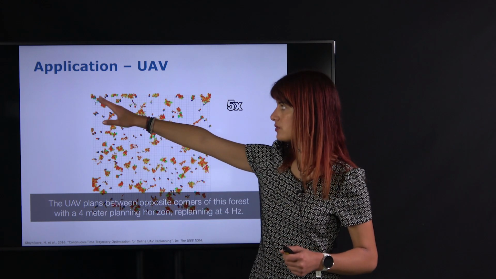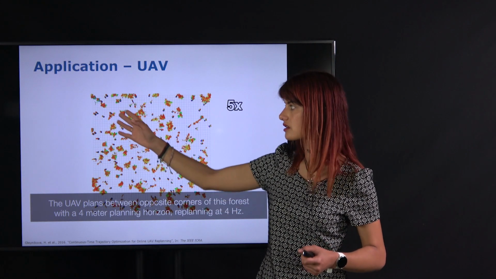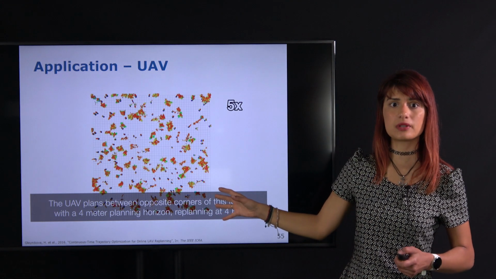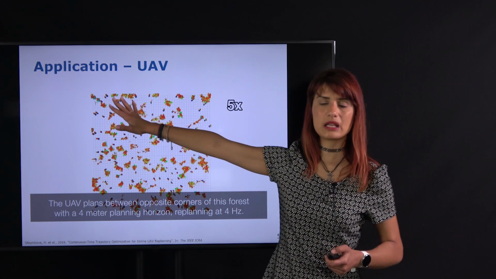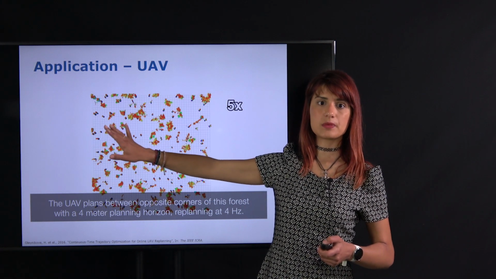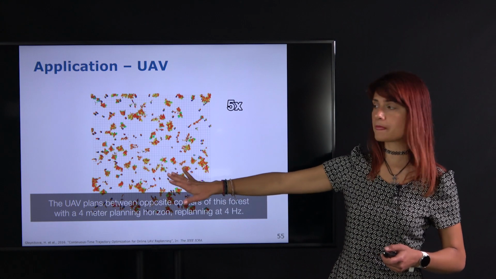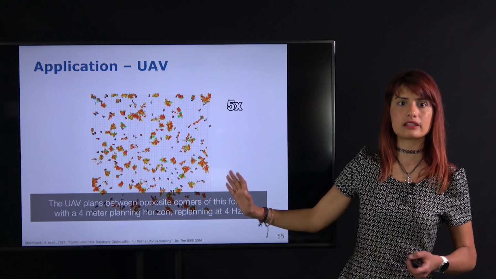Then, as the UAV sensor encounters these colored obstacles in this environment, what we'll see is reactive behavior so that the robot can execute its mission in a safe way. This is independent of the global plan, which we specified at the outset.